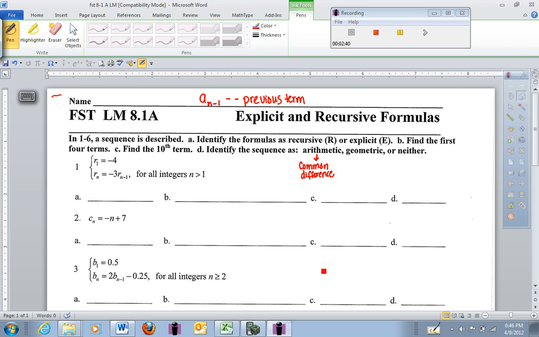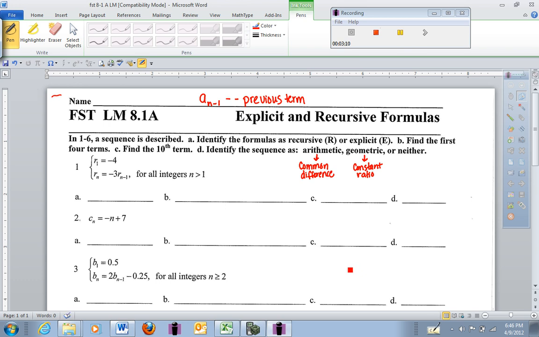That common difference would make it an arithmetic sequence. A geometric sequence, on the other hand, is going to have a constant, what we call ratio. In other words, if I take a term and divide by the previous term, I will always get the same fraction or whole number.